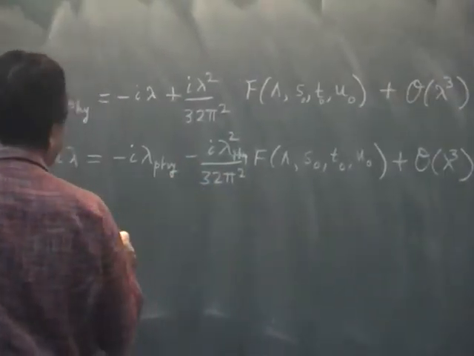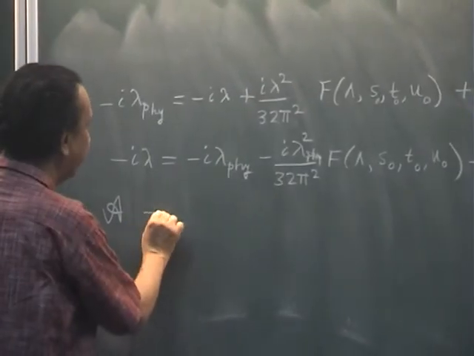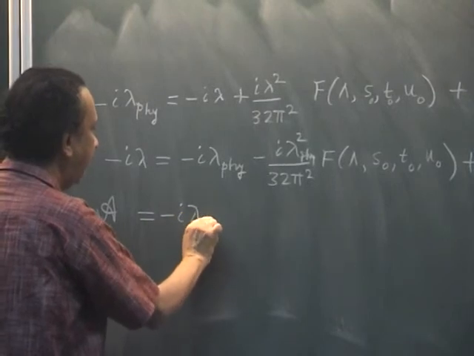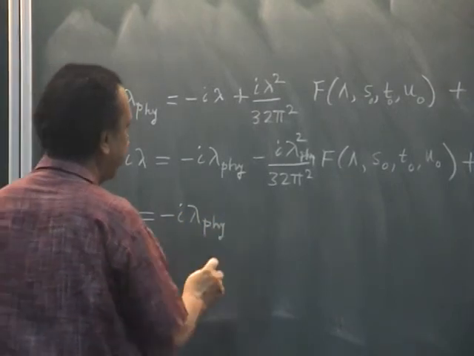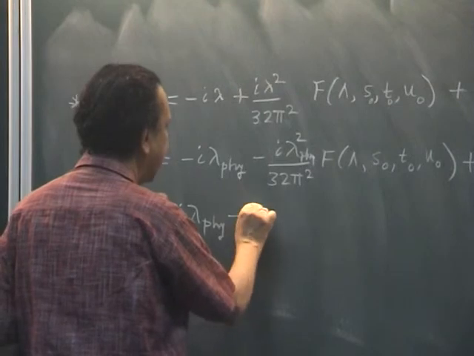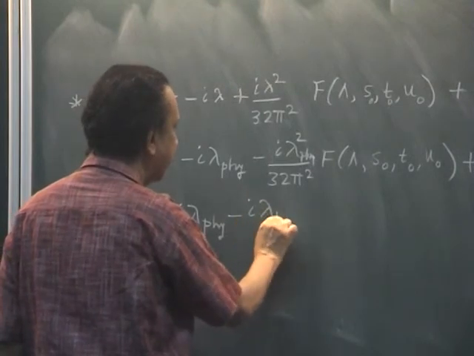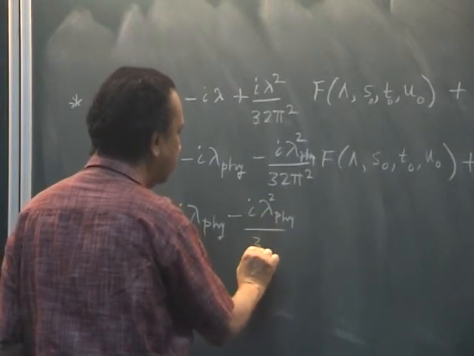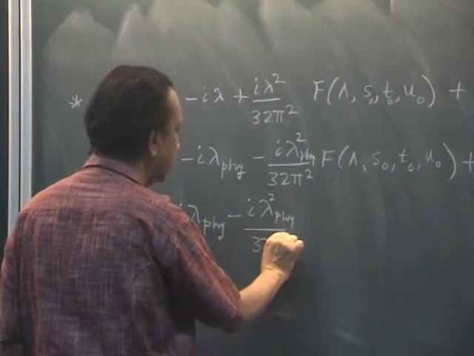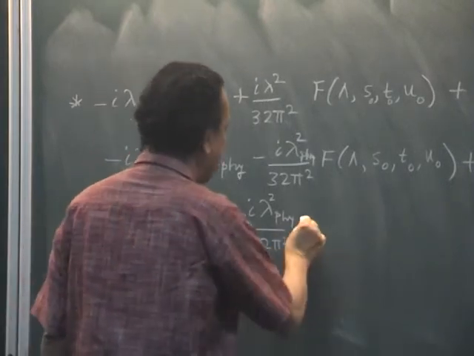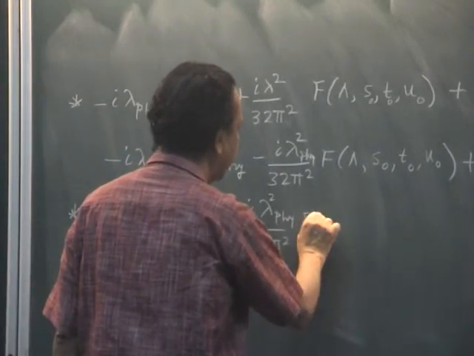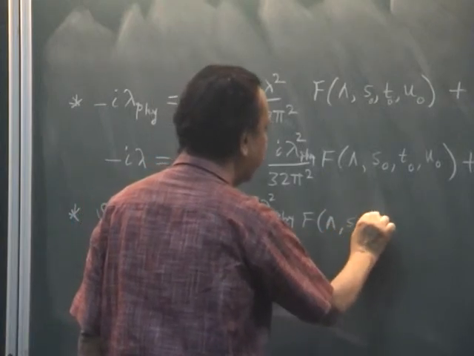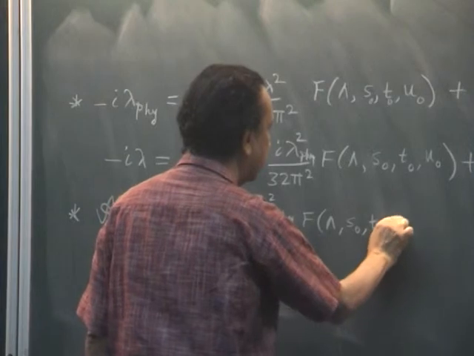So when you substitute for that, minus i lambda becomes minus i lambda physical, minus i lambda physical square upon 32 pi square f of lambda, s0, t0, u0.